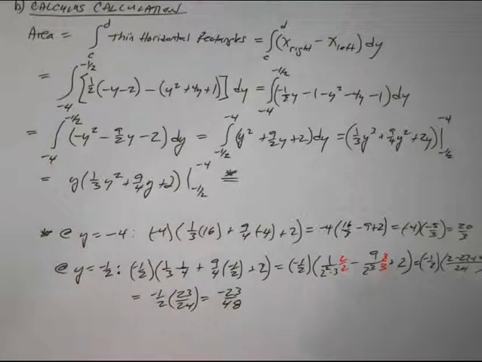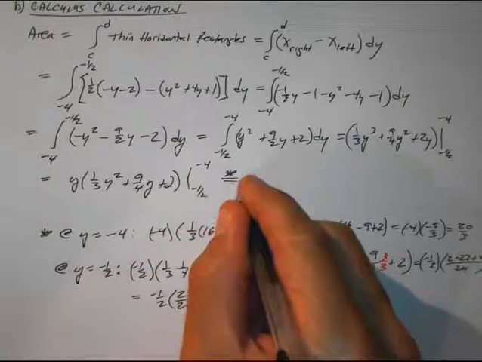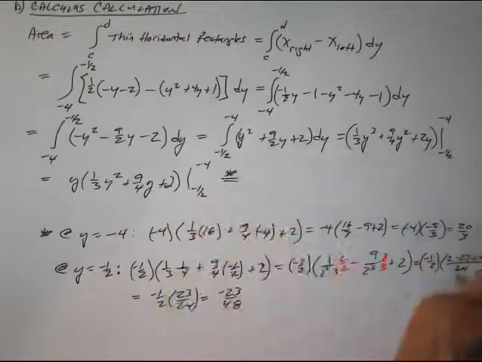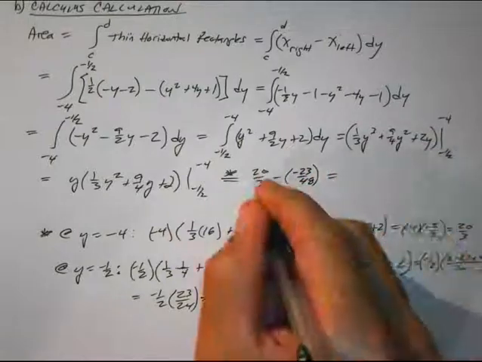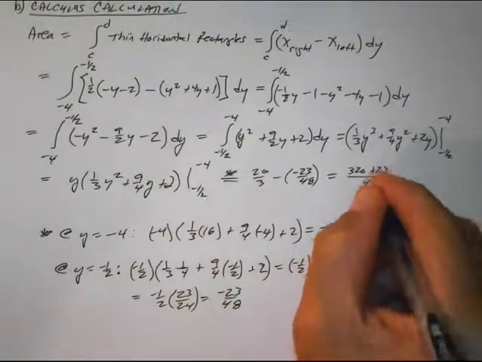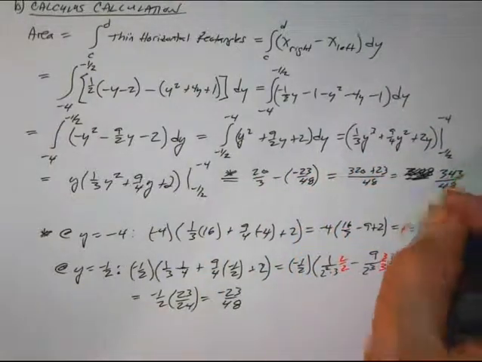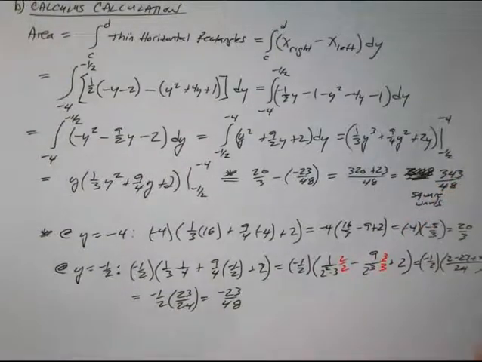Okay, ready to take these numbers back to the main computation line here. Okay, 343 over 48 square units.